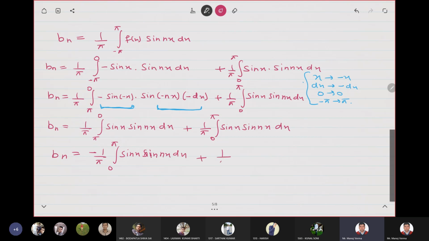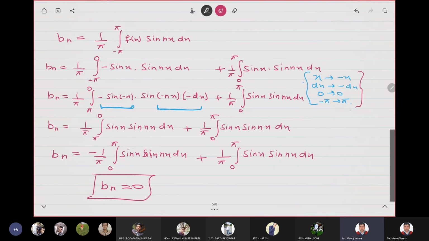And the first and second integral is now essentially the same term, but with a negative sign. So both of these will cancel with each other, and value of bn will become 0. So the value of bn is coming out to be 0 after we have performed these type of replacements.